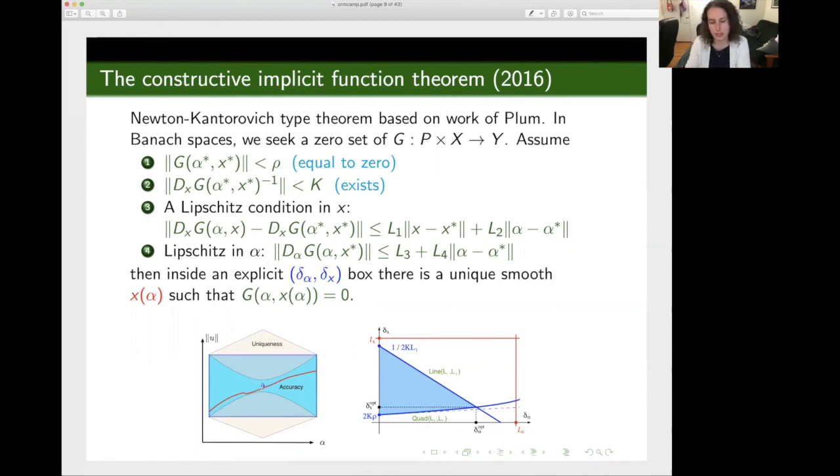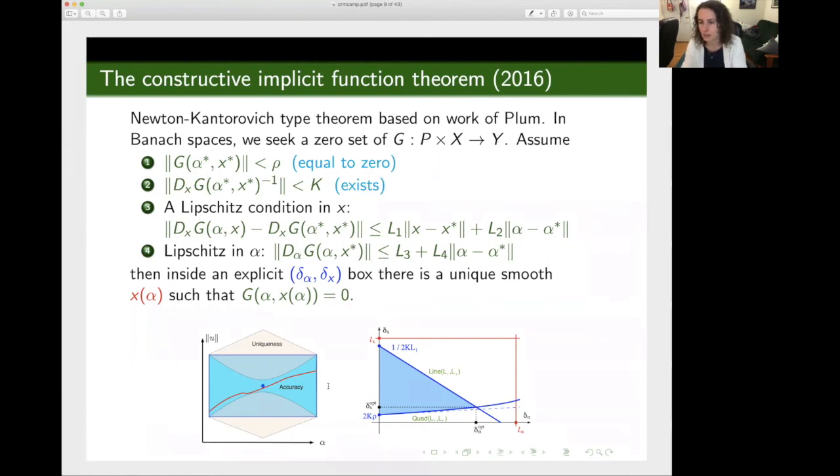And this region is bounded by a line in delta alpha and delta x, which depends on L1 and L2 from the Lipschitz condition. And then there's also a smaller region in which you can guarantee the accuracy. So you expect that as you go further from the point where you've written your approximation in parameter, you're going to have a smaller uniqueness region and a larger accuracy region, meaning worse in both cases, right?